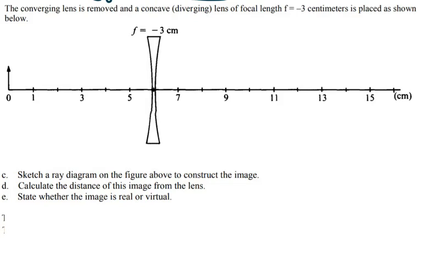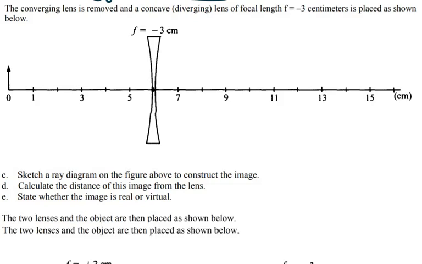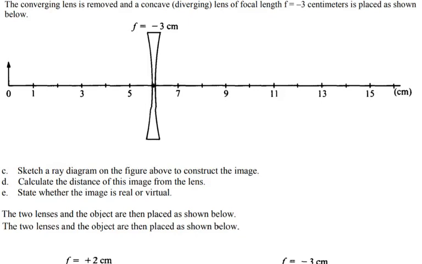Calculate the distance of this image from the lens, and then state whether the image is real or virtual in this case. So at first I'm going to place where the focal length is, and it is 3 centimeters. So right here, I'm going to have 3 centimeters. And then for the ray diagram, actually let's do calculations first so we confirm with our work.